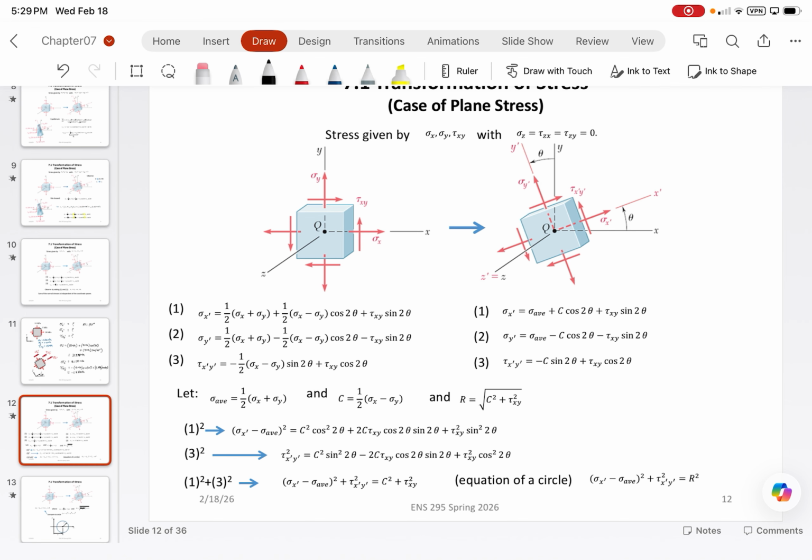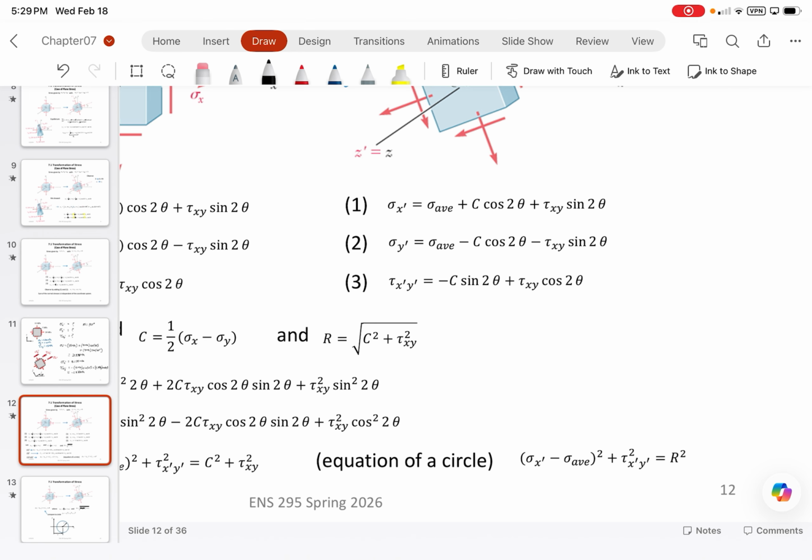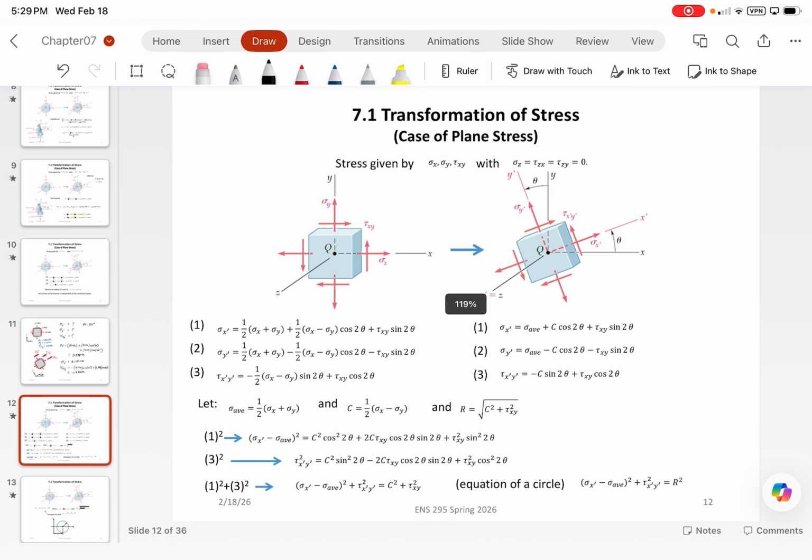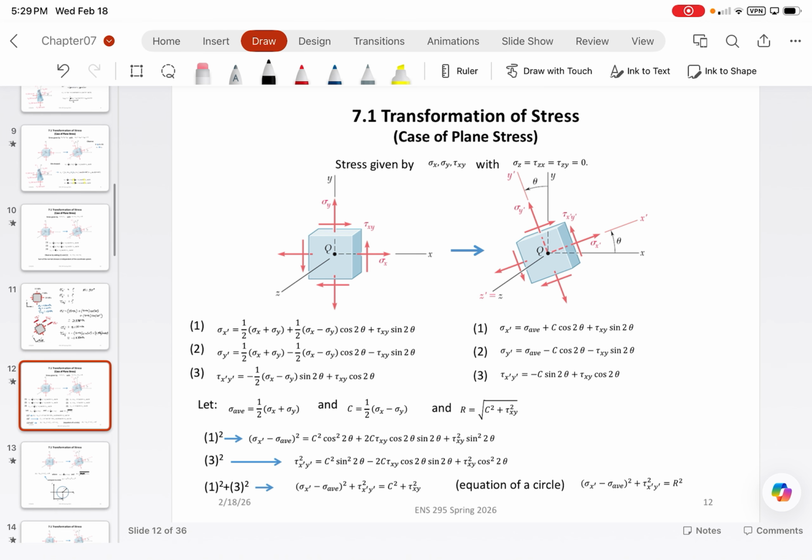That's the sigma x minus sigma y over 2. The sigma average is just plotted there, and what we end up with is this equation for a circle down here. The derivation is not necessarily too important; the key aspect is the steps on how to develop these circles, and understanding the manipulation between these equations and plotting them as a circle.